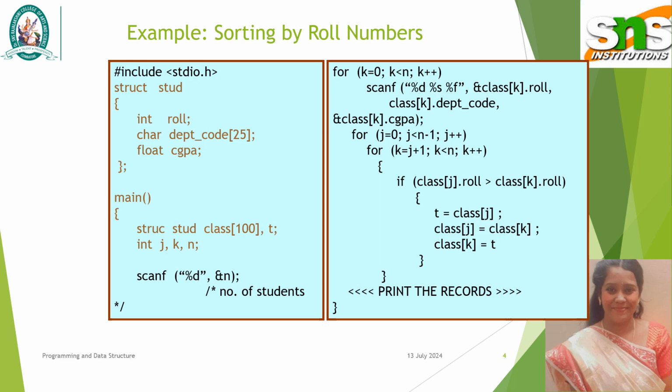For example, if I am entering 5 students, we get the roll number, the department code, and the CGPA of 5 students. We should not get more than 5 students, since the condition is k less than n. Once we get it, using a for loop, we print the records also.